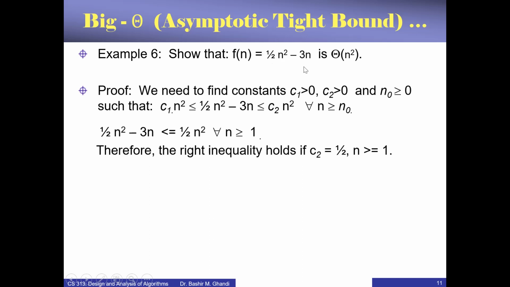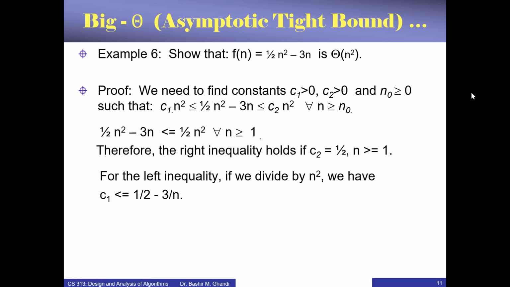So the result of that subtraction cannot be greater than just the half n squared itself. So here we have to try and find a suitable value for C1. And in doing so, we must make sure that n naught is greater or equal to 0.